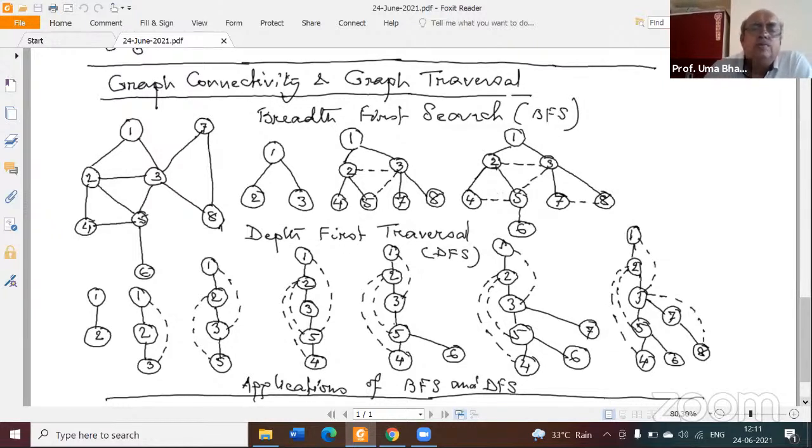From 5, I can go to 3 and 4. Why have I given 1 there? This is a mistake. 5 to 1 is not there. Sorry, just remove it. So from 5, I can go to 3 and 4, but 3 is already connected above.